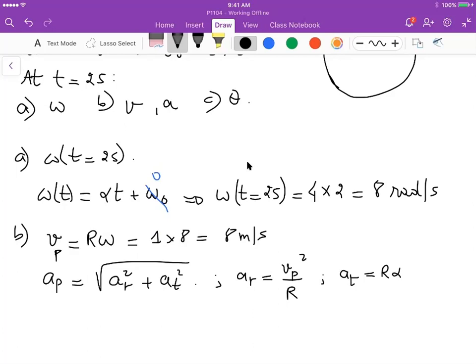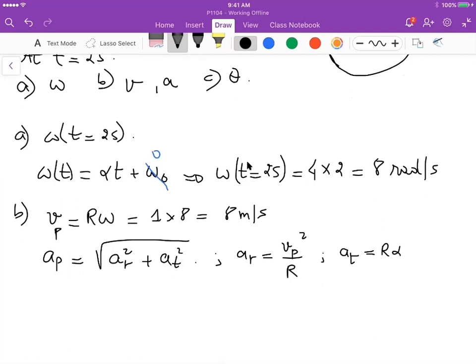So for any point of a rigid body we can get its tangential acceleration through this relation, R times alpha, where R is the radius of the circle along which the point we are looking at is moving. Here we are looking at point P, so the radius we are talking about is the radius of the wheel, because the point P is located on its edge.